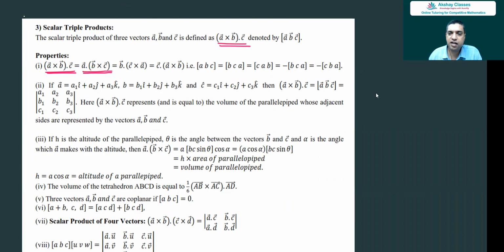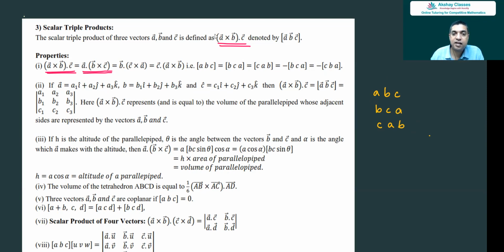If we start with BCA, after BC comes A again. Or if we start with C, after C comes A, CAB.